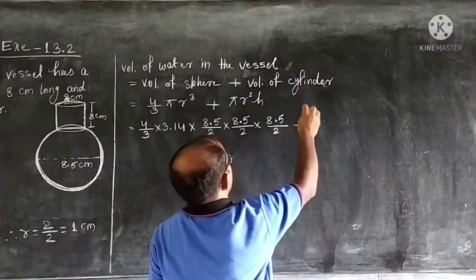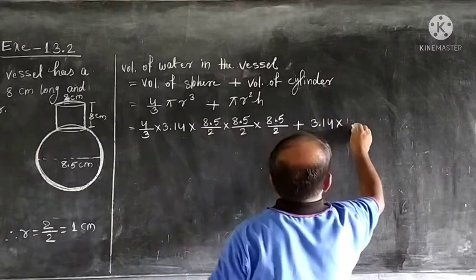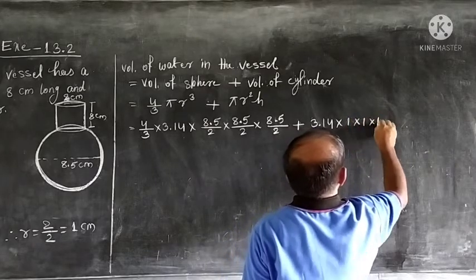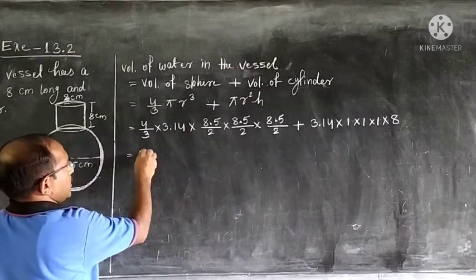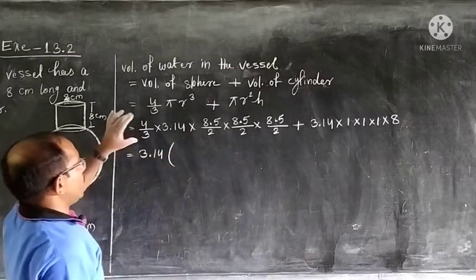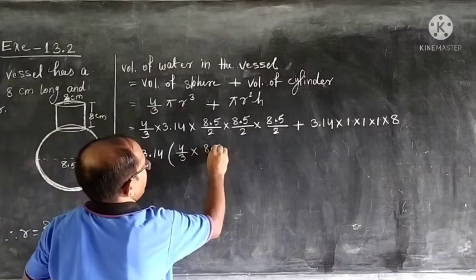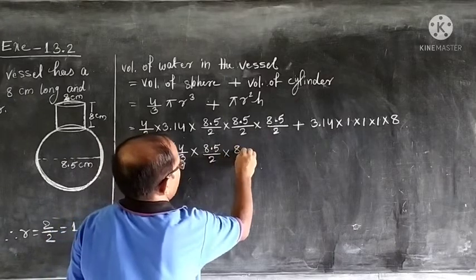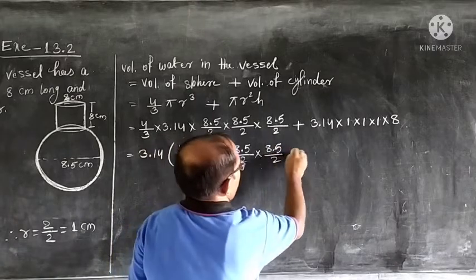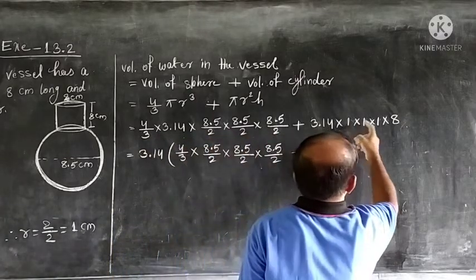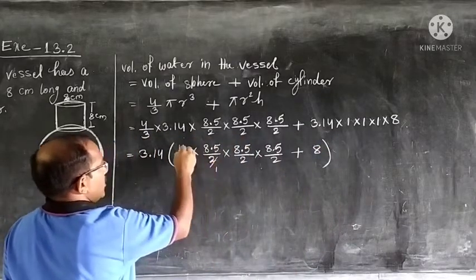Then we go to the cylindrical portion, pi is the same 3.14, radius of the cylindrical portion 1 into 1 into 1 and height is 8. From all these we can take common 3.14, remaining 4 by 3 into 8.5 by 2 into 8.5 by 2 into 8.5 by 2 plus 3.14 out, 1 into 1 into 1 into 8. 2 ones are 2, 2 twos are 4.